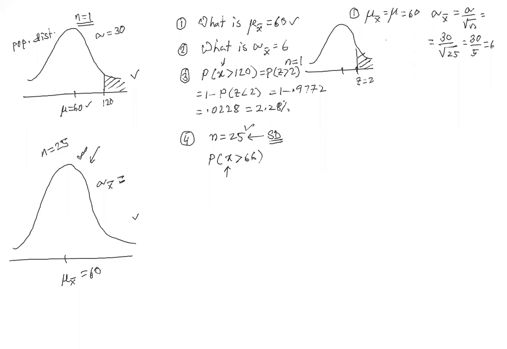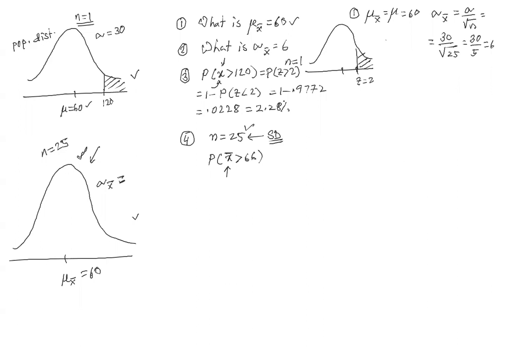You were supposed to put X bar instead of X. Jessica? Good, thank you, Jessica. I'm supposed to put X bar instead of X because X applies to only one person, but X bar applies to more than one person. X applies to only one entity. X bar applies to more than one entity. So it's X bar greater than 66.